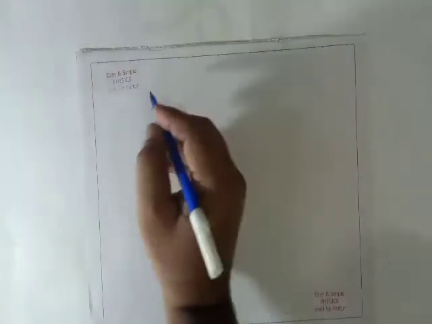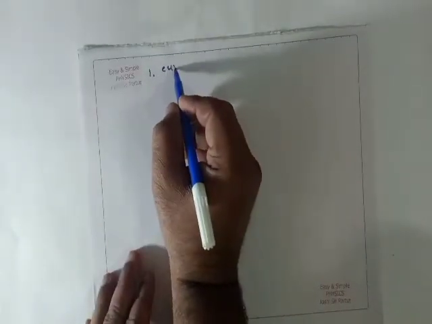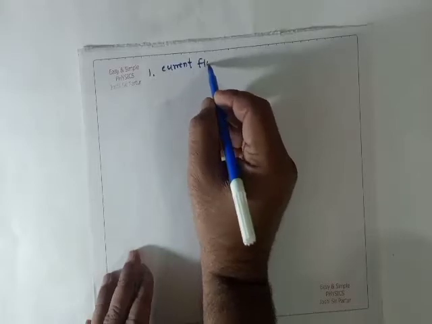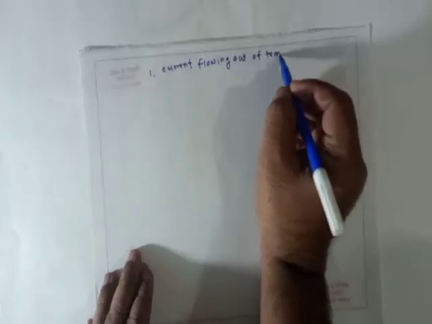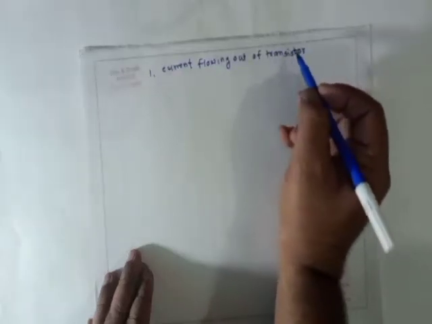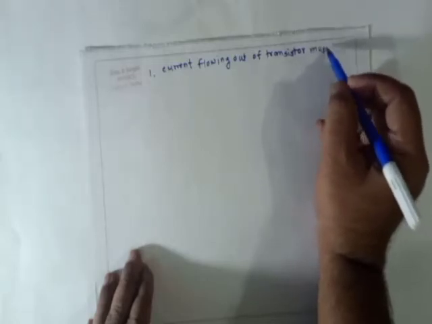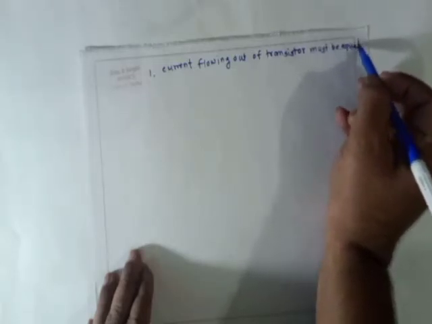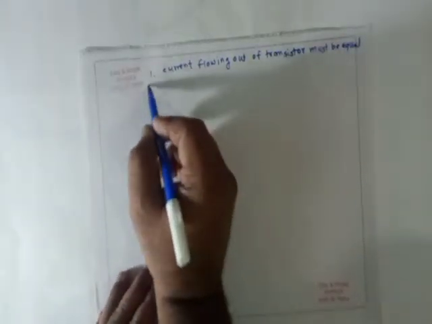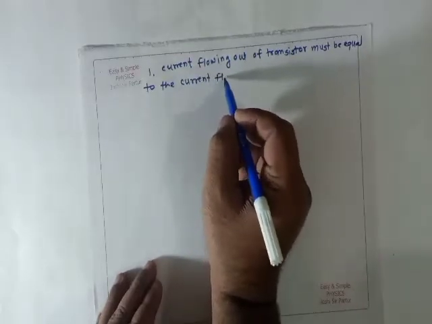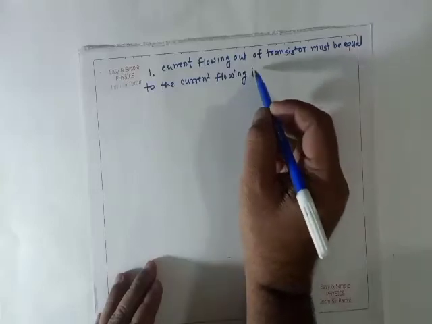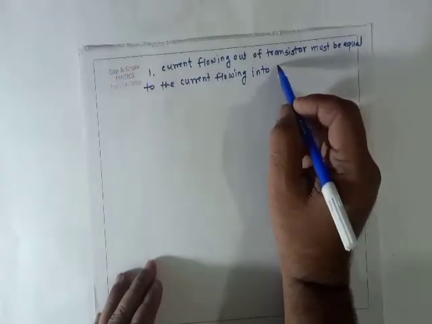These formulas are: number 1, the current flowing out of the transistor must be equal to the current flowing into the transistor.